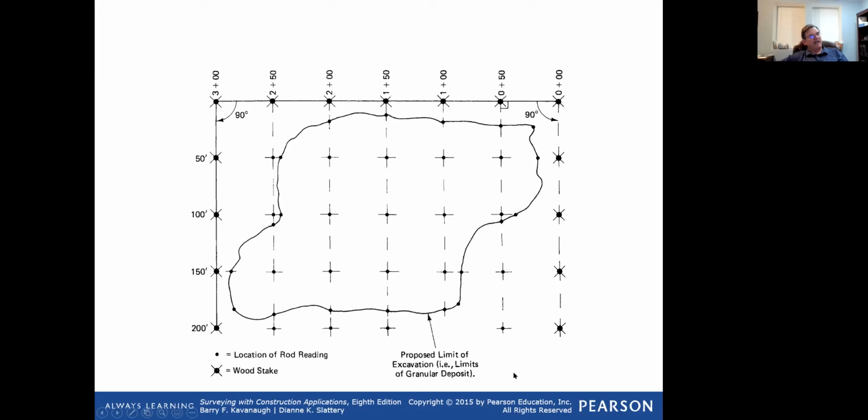This is, like I said, for a borrow pit. You know you're going to come in here. Let's say you're going to take gravel out. So what do you do? You get shots. You measure along a baseline. You turn 90 degrees off that baseline, and you take shots every 50 feet with your stadia rod. How do you know you're taking shots every 50 feet?